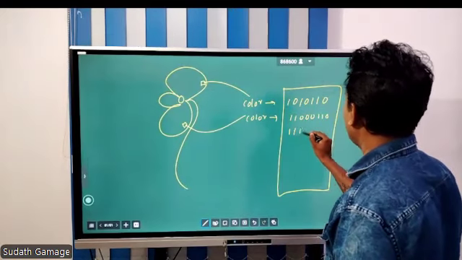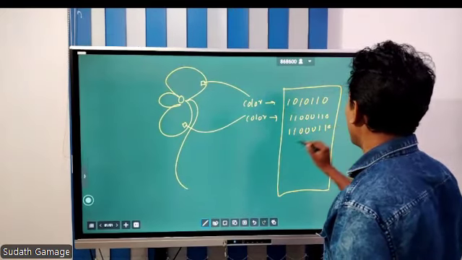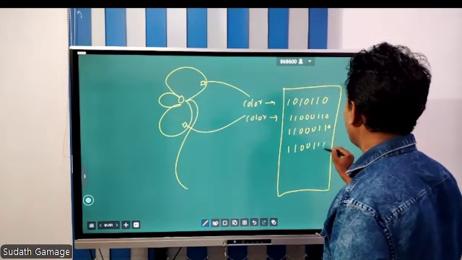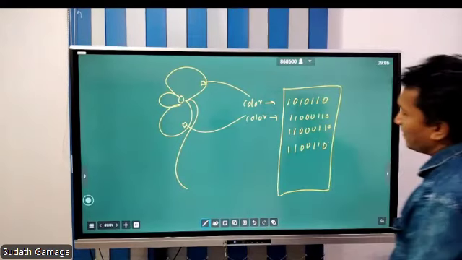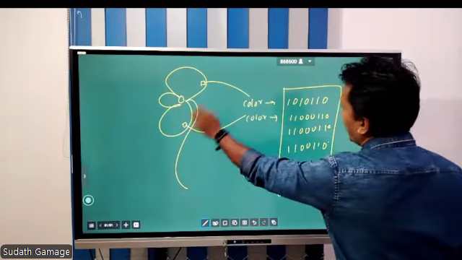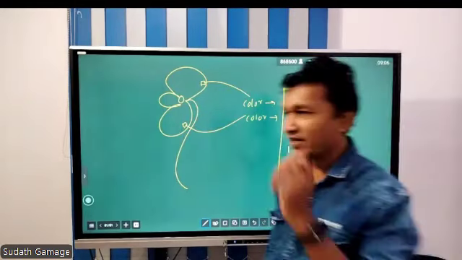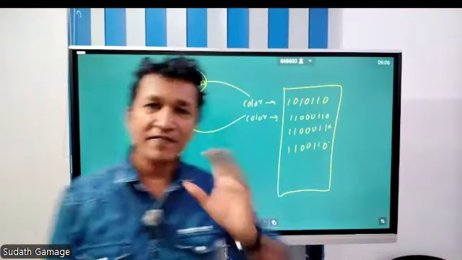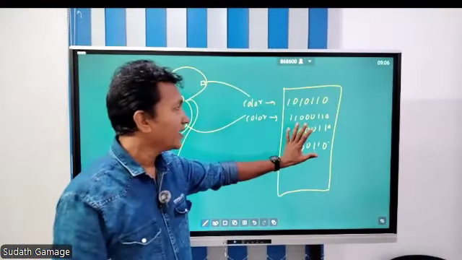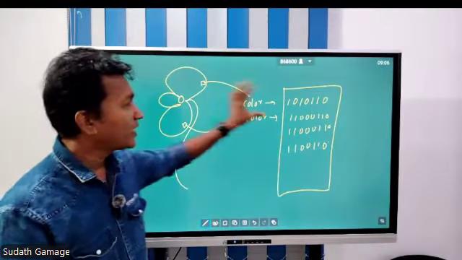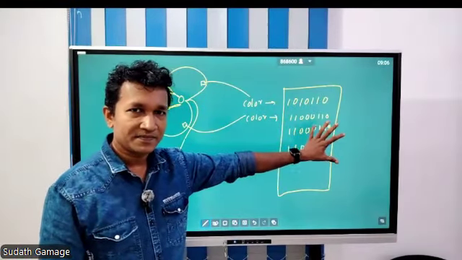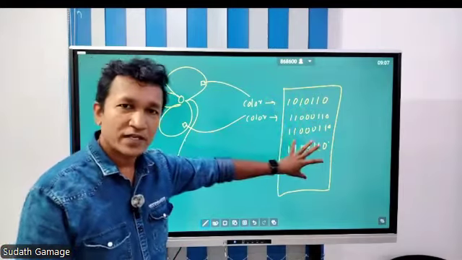For example, each and every tiny square has a relevant binary value. Every dot has a relevant binary value. That is how this flower is fully represented in the computer, right?